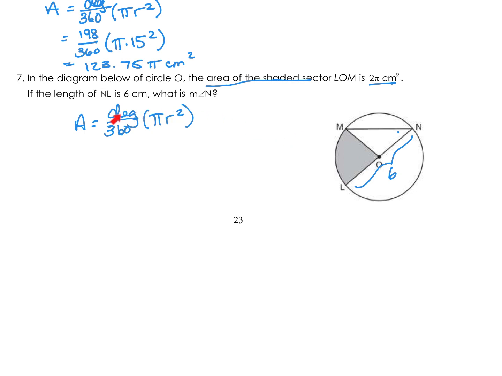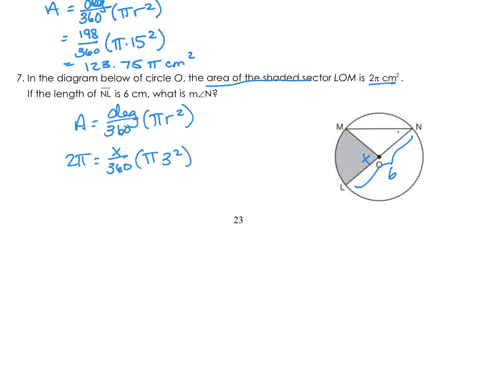These are central angle values. So this angle is currently missing, so that would go there. Now, what do we know? The area is 2 pi. Pi over here, and our radius is 3 squared.